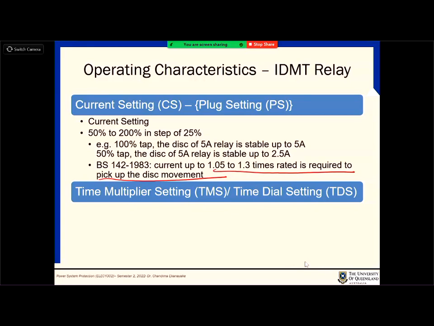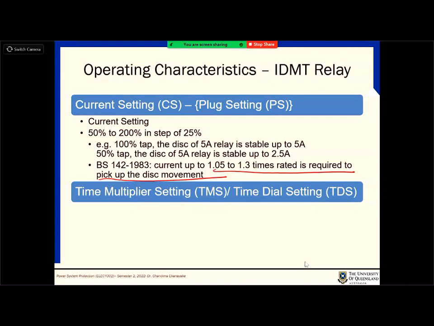If you define rated as 1, you usually can't operate the relay just above 1. It's not going to work. You need to have some sort of a gap there, right? You can't define 1 there, because then it could operate at 0.95 as well.